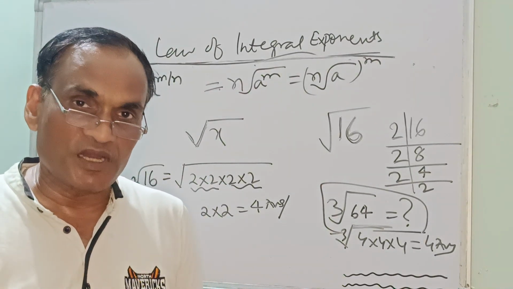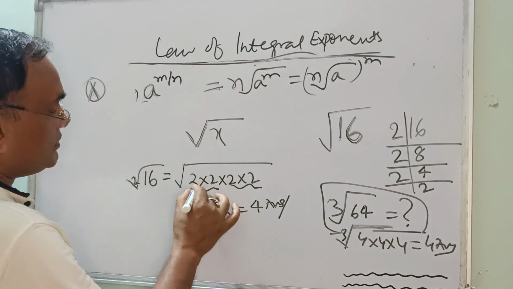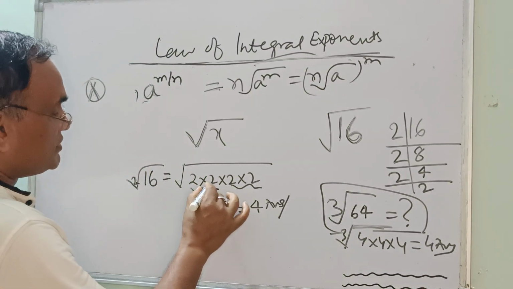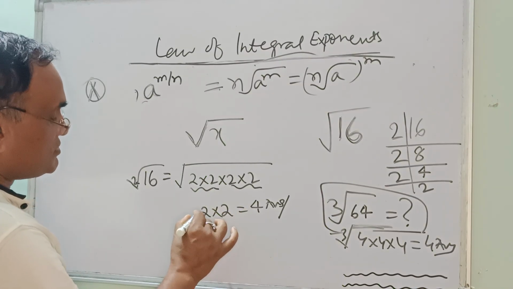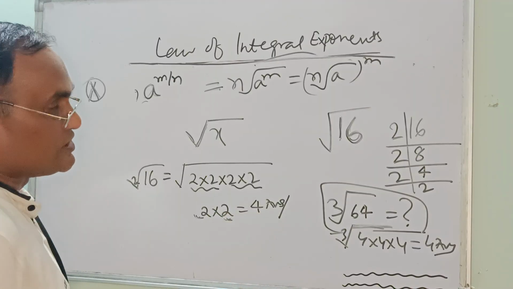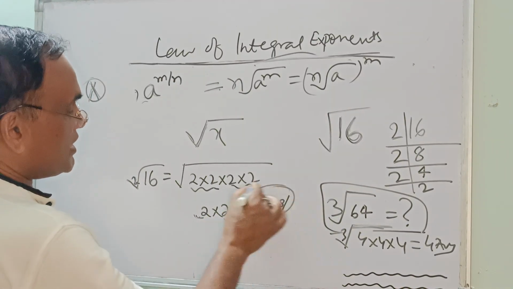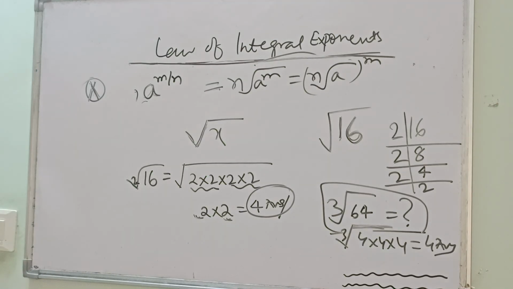So under these 2 similar digits I have taken 1 answer, this 2. Out of these 2 digits I have taken your single digit 2, and we multiply: 2 2s are 4. 4 is your right answer. I think it is clear to you.